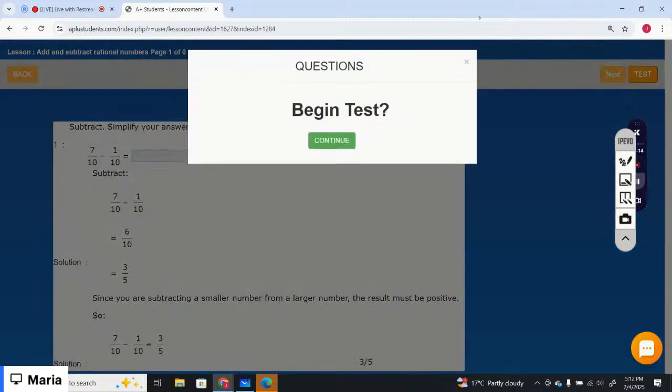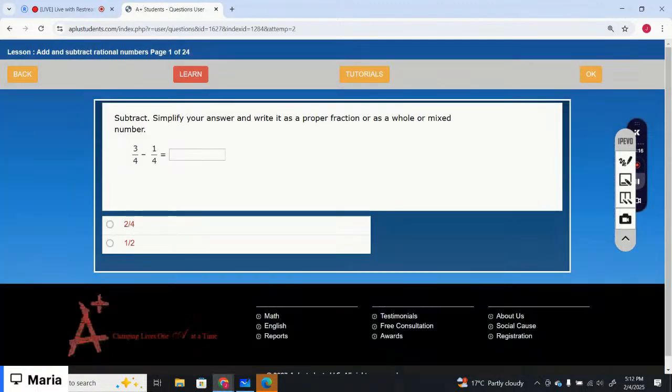Let's just start with the test questions. 3 by 4 minus 1 by 4. You have to subtract, simplify your answer, and write it as a proper fraction or as a whole or mixed number.